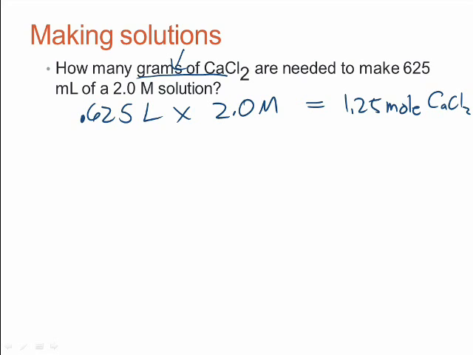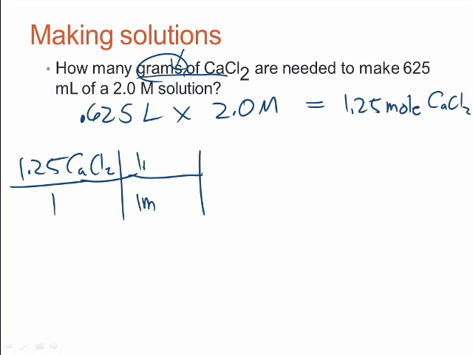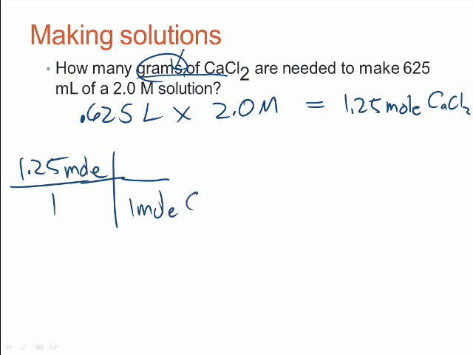Now we know, because we have the moles, we can go anywhere with the moles. We can easily get grams from the mole by what we've been doing. Over 1 calcium chloride, multiplied, 1 mole of calcium chloride is going to be 111 grams calcium chloride.